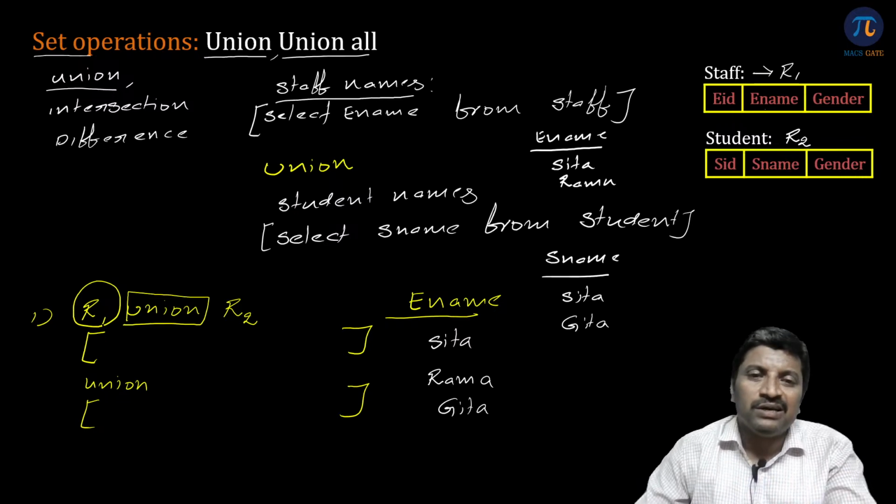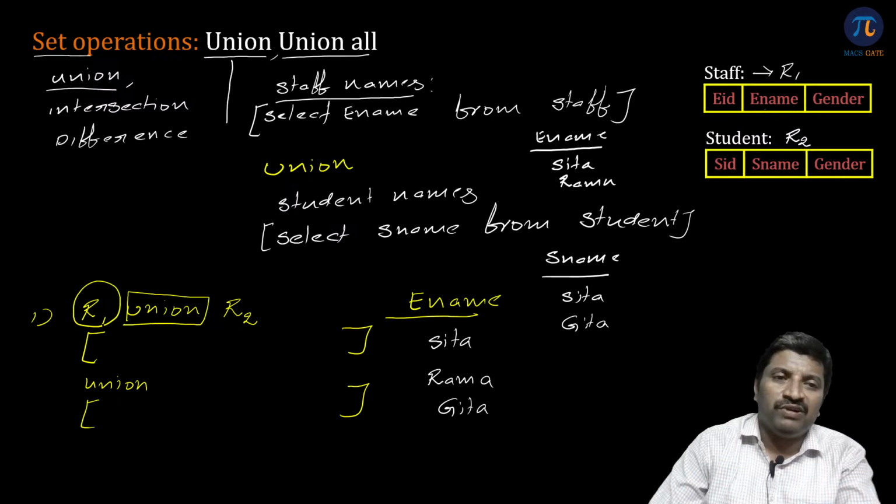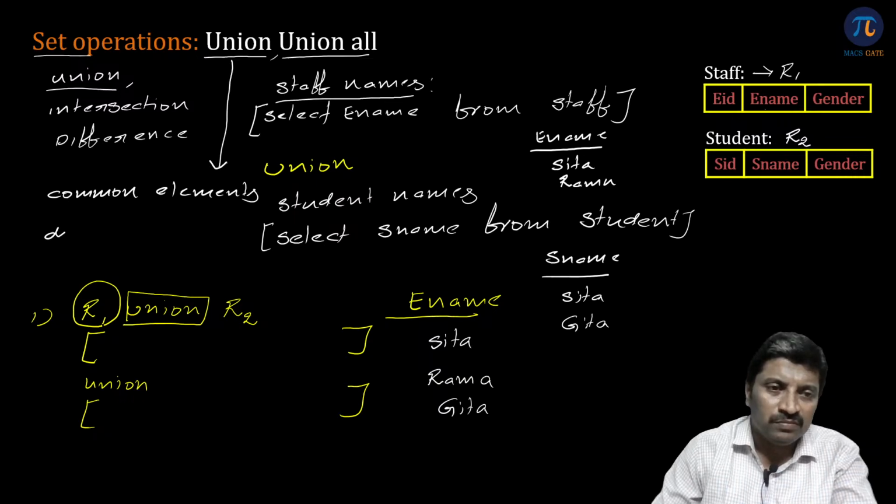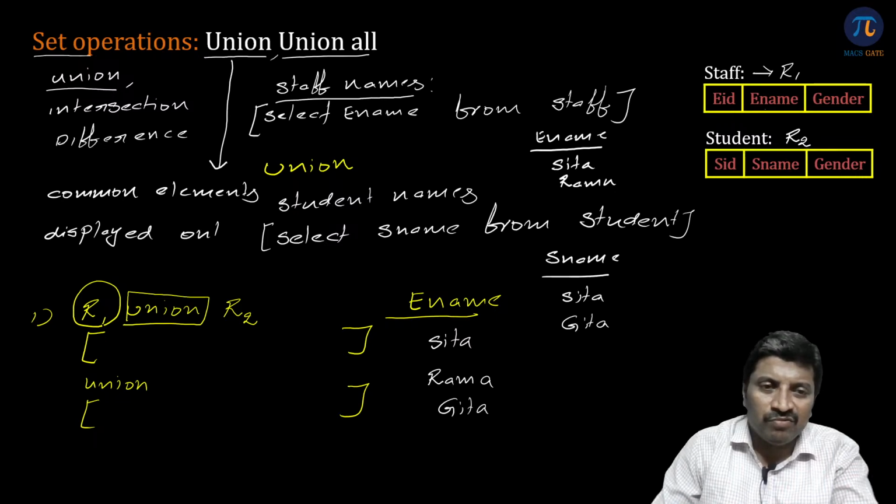Sita, Rama, Geeta. So whenever you apply union, common elements are displayed only one time.